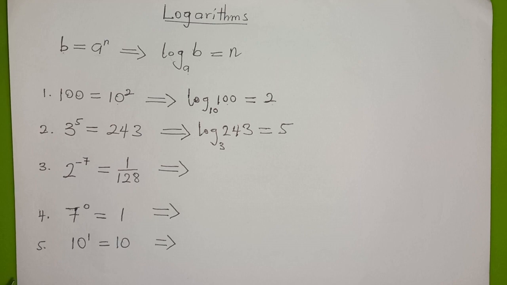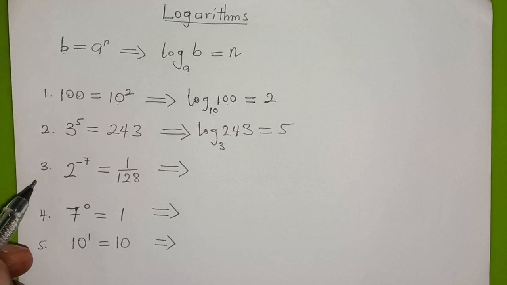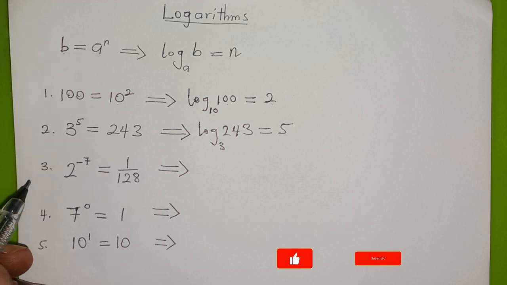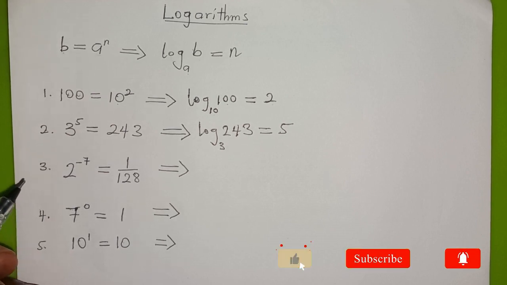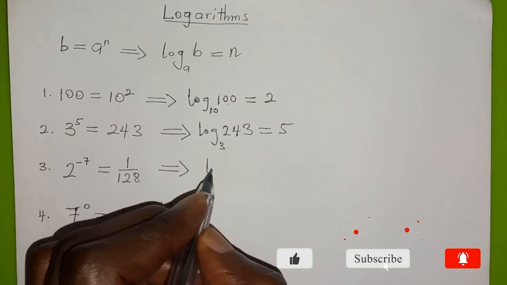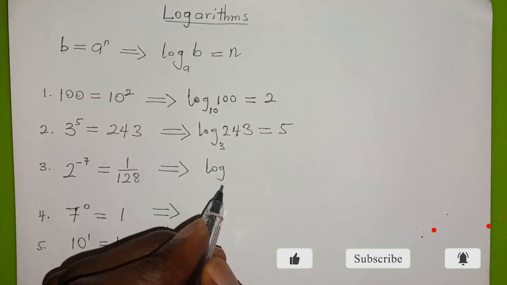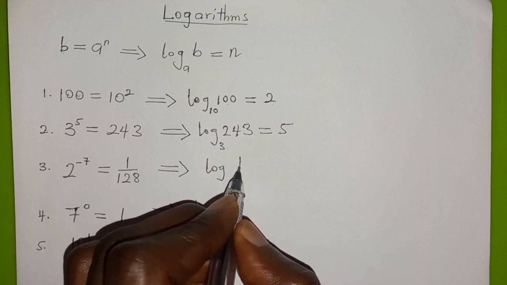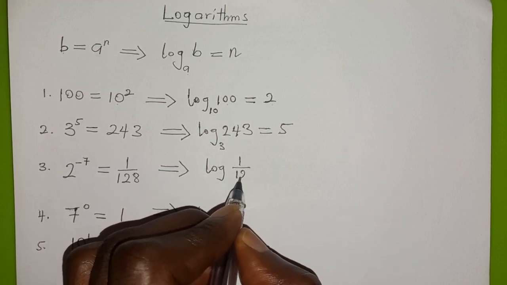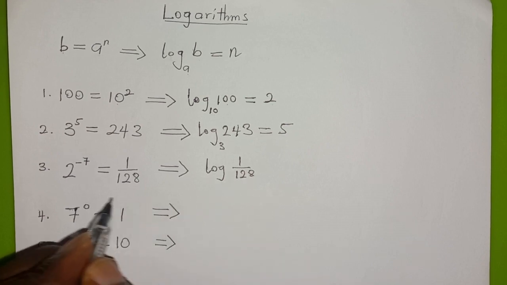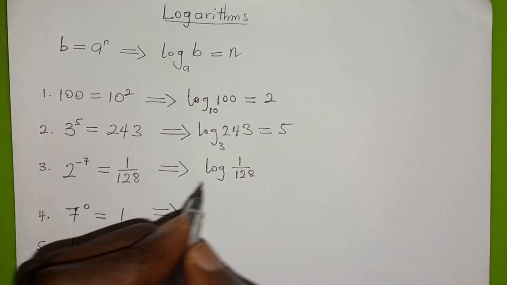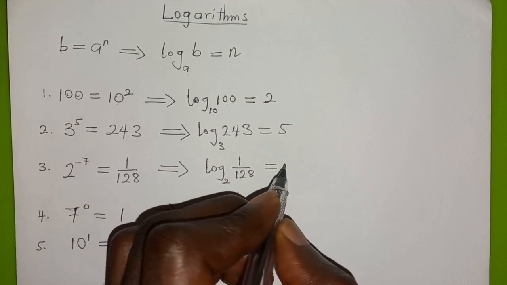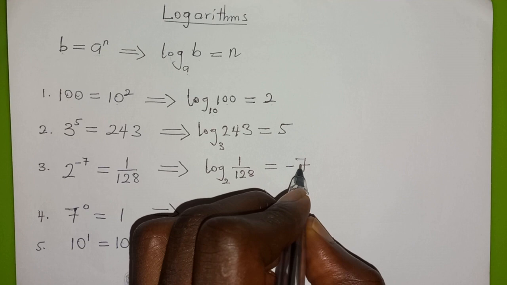In the third example, it is the same thing. So what we want to do here is log, our value here is going to be 1 over 128. The base is 2, and our result is the power that we have, which is negative 7.